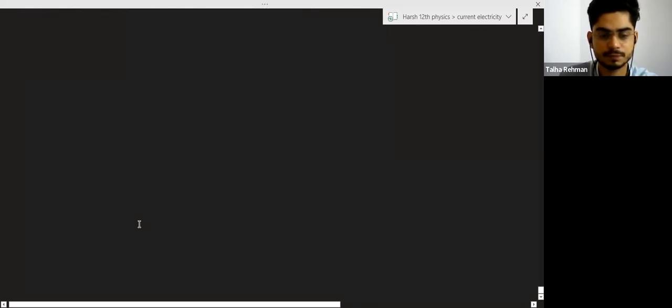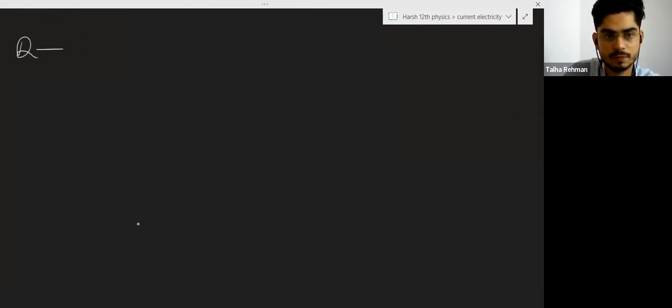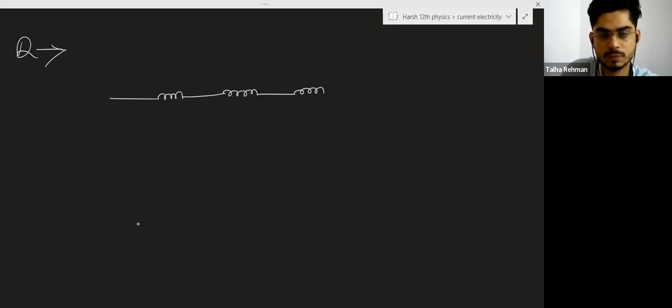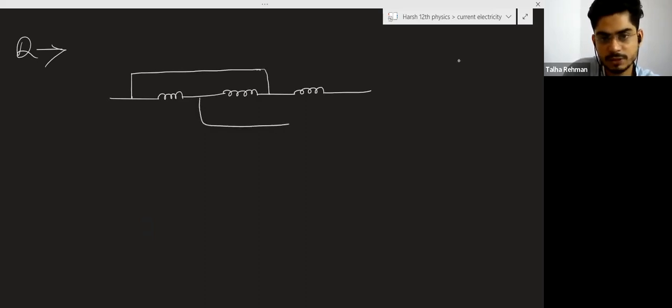So suppose three resistances are connected like this. These resistances are connected with wire like this, and from here these two resistances are connected with wire. So Harsh, can you identify the type of combination here?